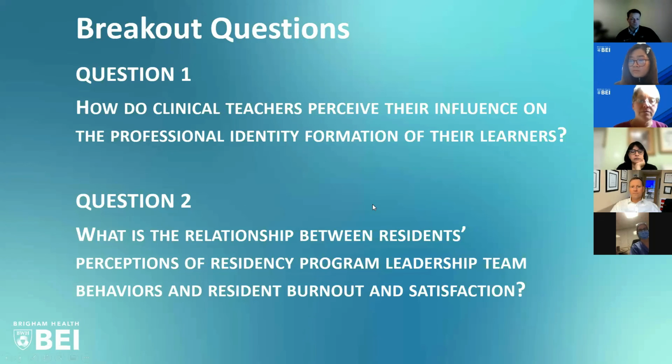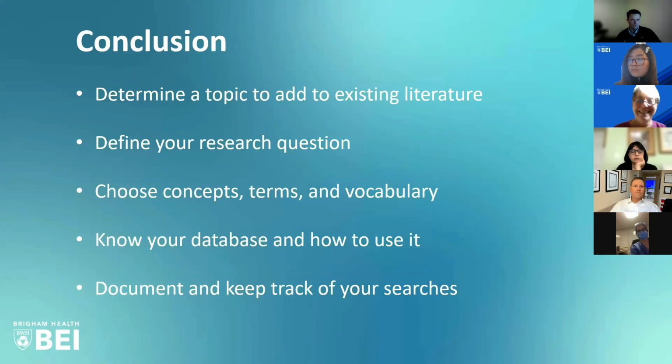Thank you, Erica. Susan, do you want to bring a wrap up with any other important comments? Well, you could probably show that last slide. I did have a final slide, if you can find it. Basically, determine a topic to add to the existing literature. Define your research question, choose concepts, terms, and vocabulary, and use the Boolean operators accordingly.